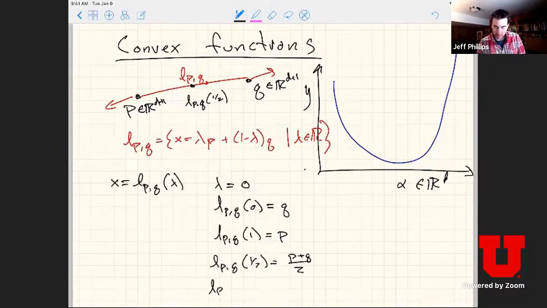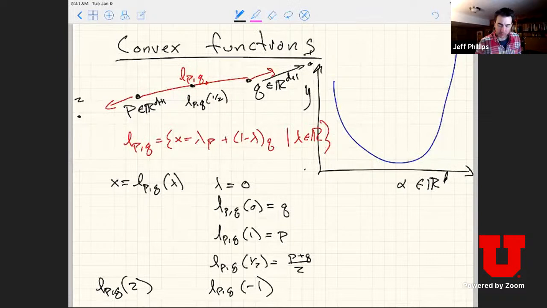If LPQ is equal to -1, I'm going to get something up here. It's going to be extended. The distance from P to Q, I'm going to go that again away from Q. And if LPQ is, let's say 2, then it's going to be over here.